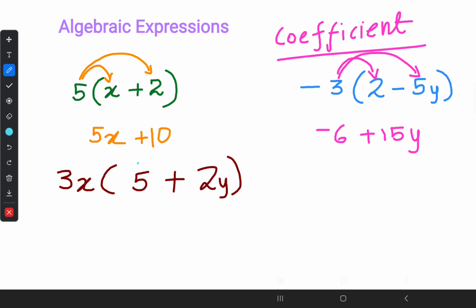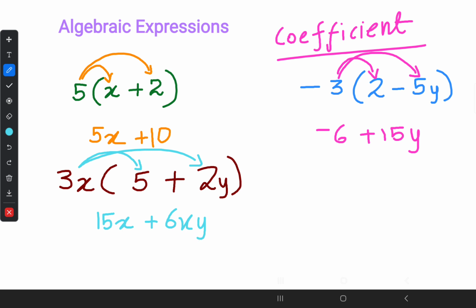This total value inside the bracket should be expanded with the value located outside. 3x multiplied with 5 is 15x. Then 3x multiplied with this 2y. Just multiply the numbers first. 3 times 2 would be 6. Then x multiplied with y, xy.